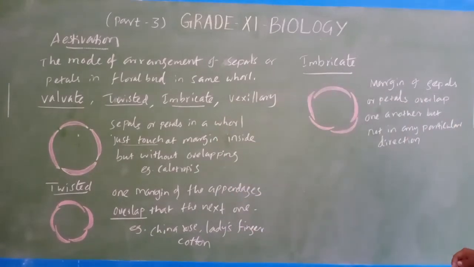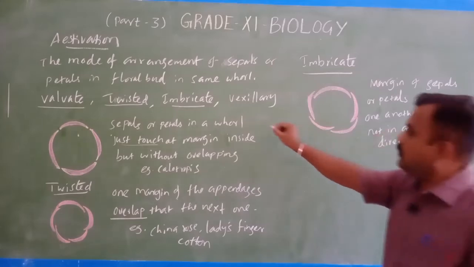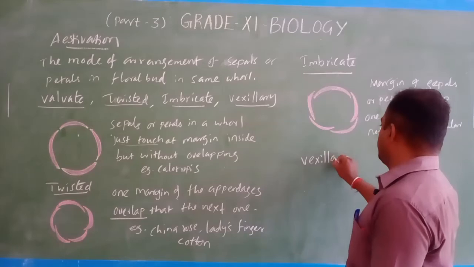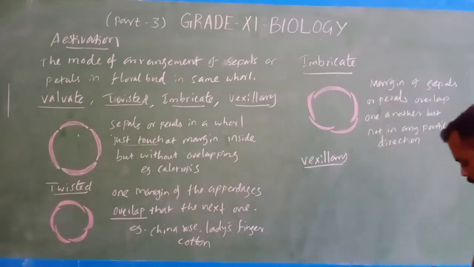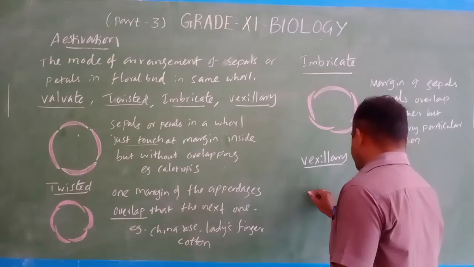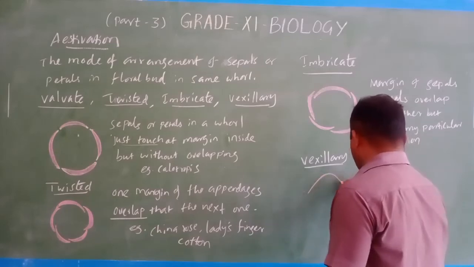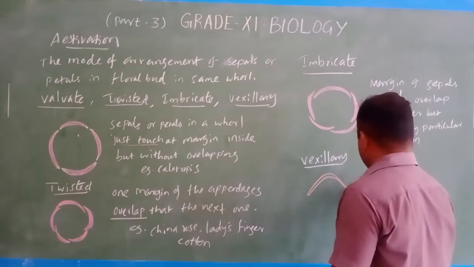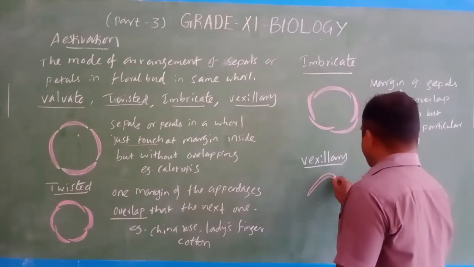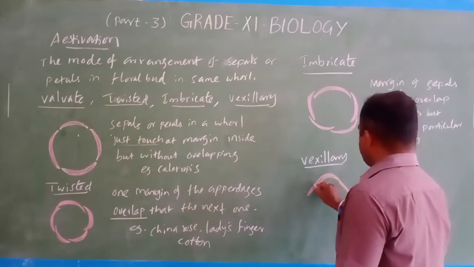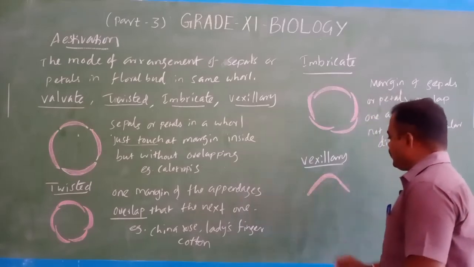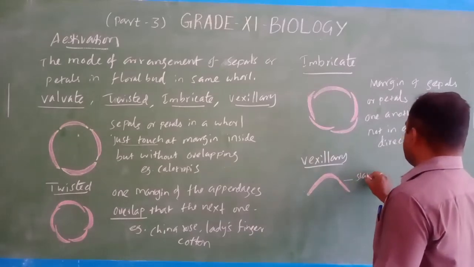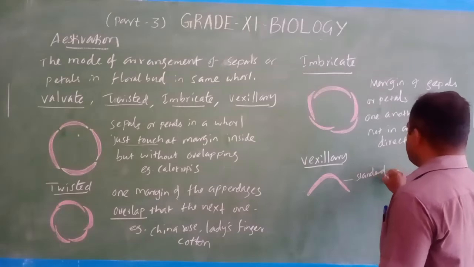Okay, then after that, the next, fourth one, is what? Vexillary. Here one large appendage is present. It is called the standard.